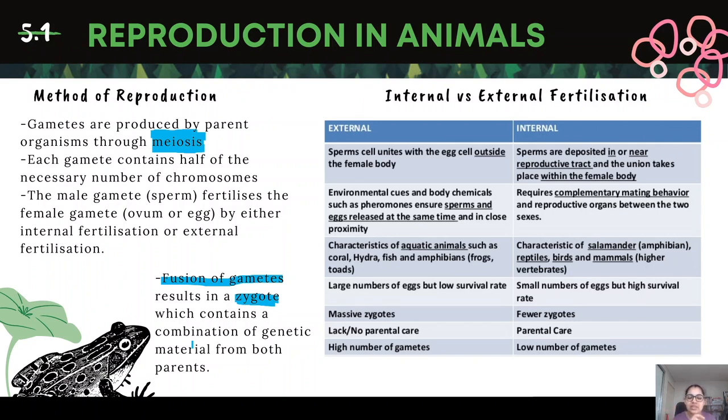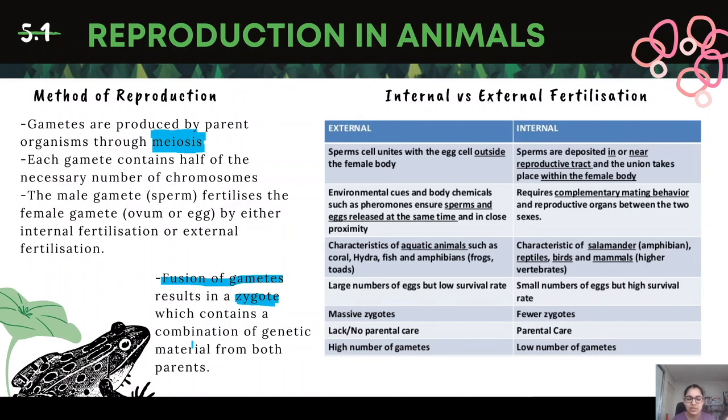So the main difference here is that you need a small number of eggs, but the survival rate is pretty high in comparison to external fertilization. And there are also fewer zygotes. Unless you consider the situation of twins or triplets or quadruplets, one egg is fertilized at a time, and then after that, the body has all these different mechanisms in place that ensure that after fertilization has occurred, the sperm can't come through and fertilize another egg.